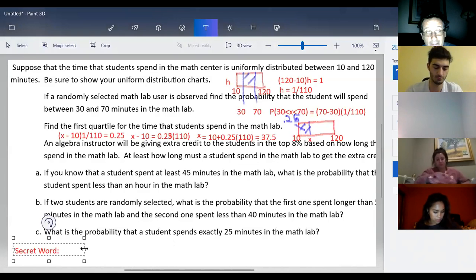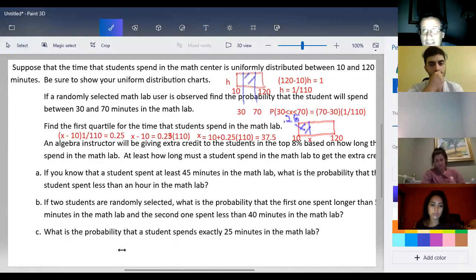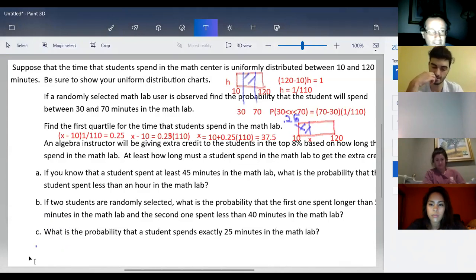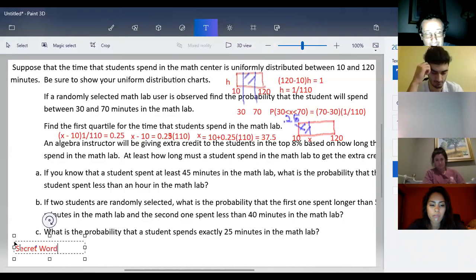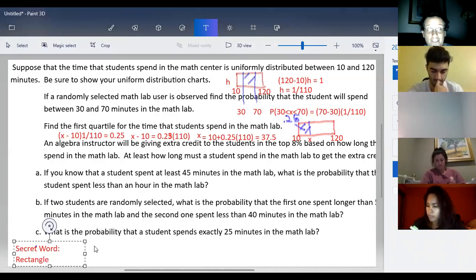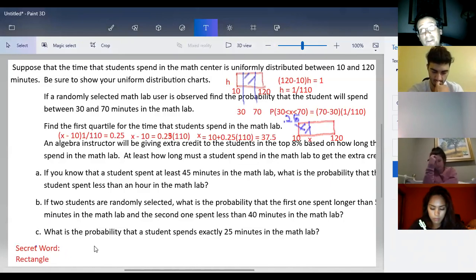The secret word of the day is rectangle. Because when you're doing a uniform distribution, you have to draw a rectangle.